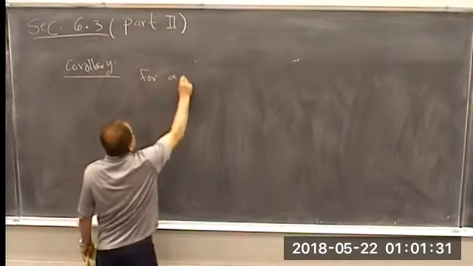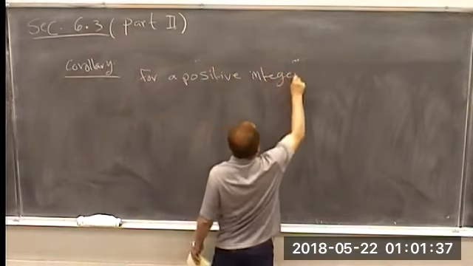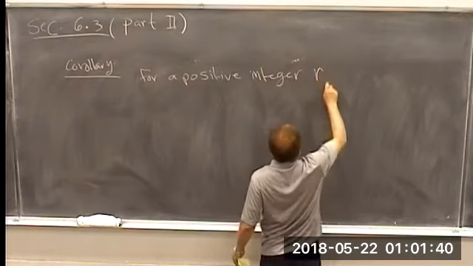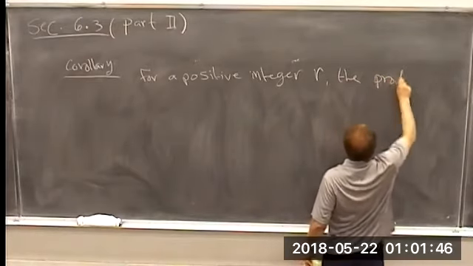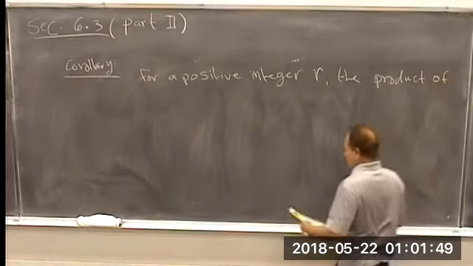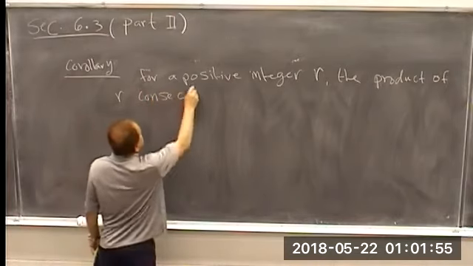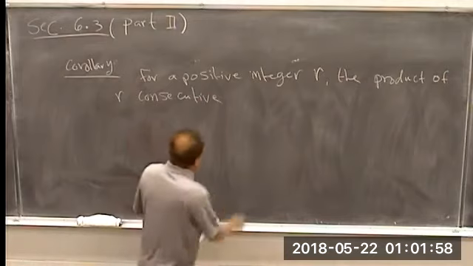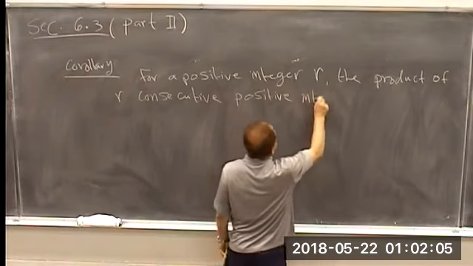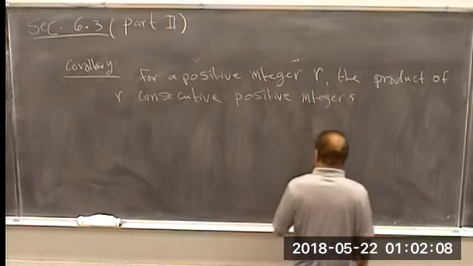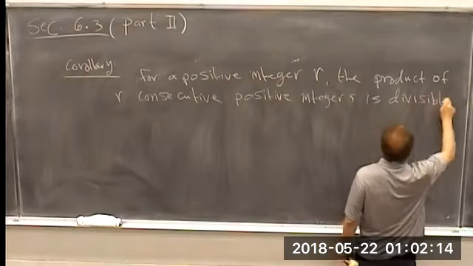For a positive integer r, the product of r consecutive positive integers is divisible by r factorial.